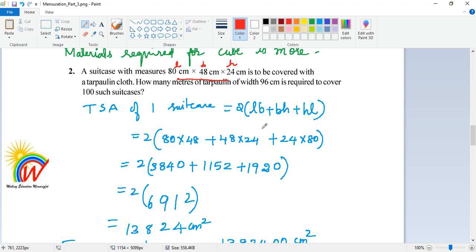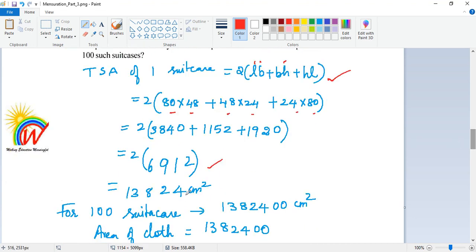So for one suitcase, you will be requiring, again, the total surface area of a suitcase. So you use the formula, substitute for L, B and H, these values as it is written. You substitute it and you get the answer. Then you have your total answer as this. Then you have to find out, for one suitcase this much cloth is required.